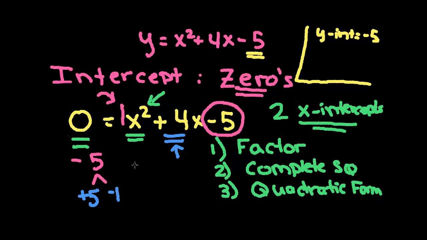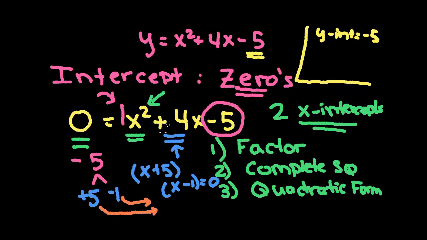Once I have those 2 values, I simply factor it into x plus 5 times x minus 1 equals 0. Or the shortcut is, I love to teach shortcuts, so please watch our videos and learn all the shortcuts. The shortcut is, the solution is just these numbers with their opposite signs.